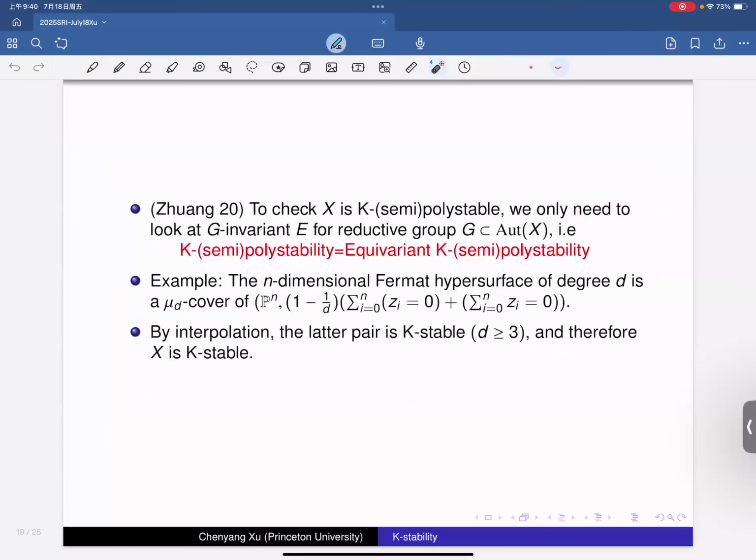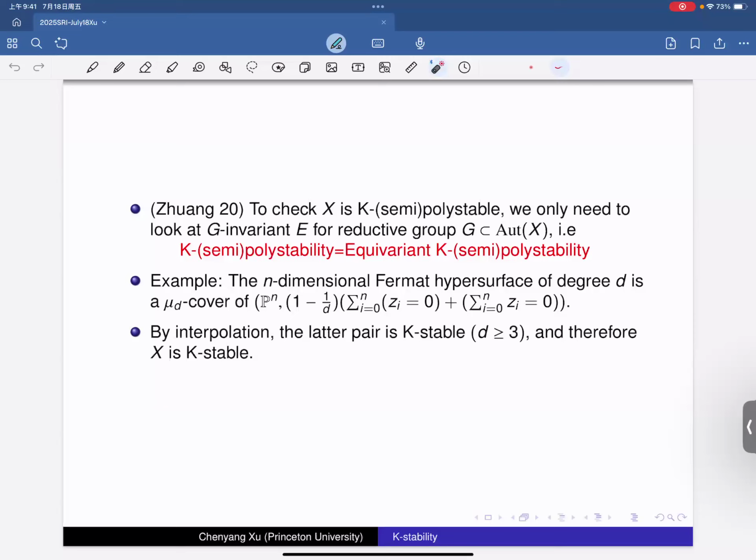So first, let me tell you how to show a general hypersurface is K-stable. There are many ways to prove it, but let's use this beautiful theorem by Zhuang that K-stability is the same as equivariant K-stability. So if there is a group acting on your variety, you only need to study everything equivariantly. For test configurations, just study the equivariant test configurations. For valuations, just study the G-invariant valuations.